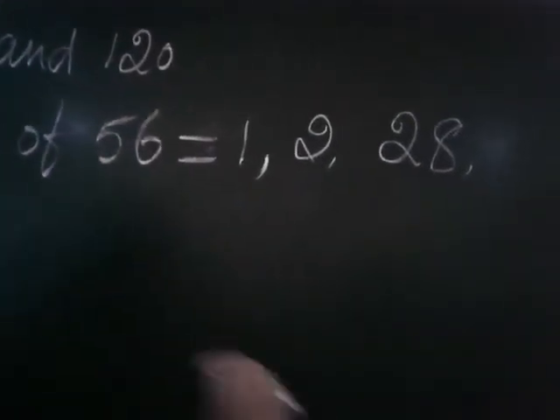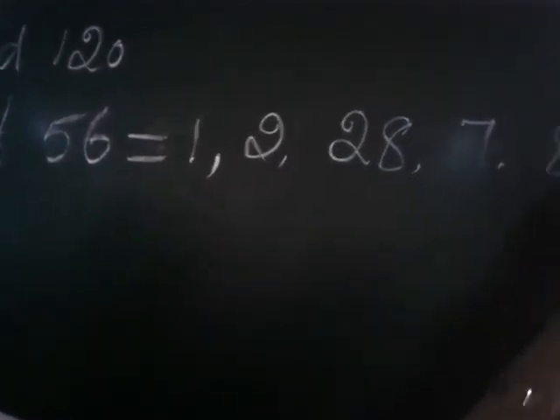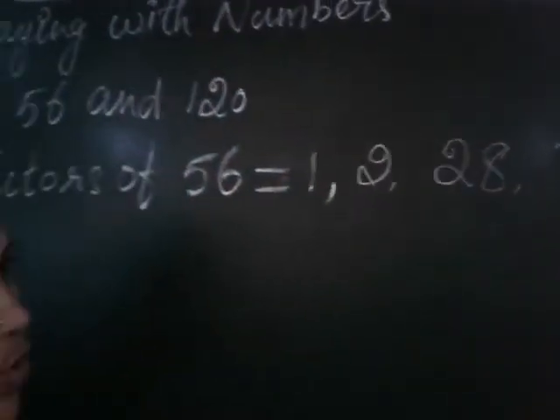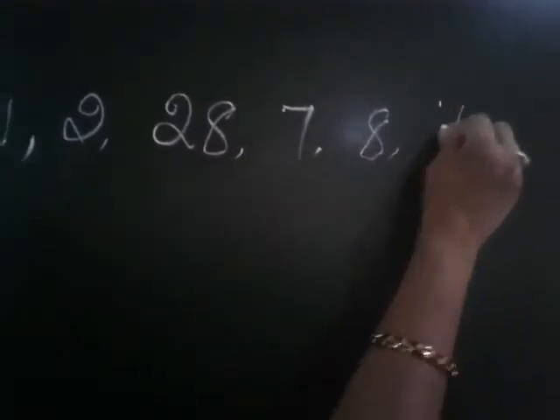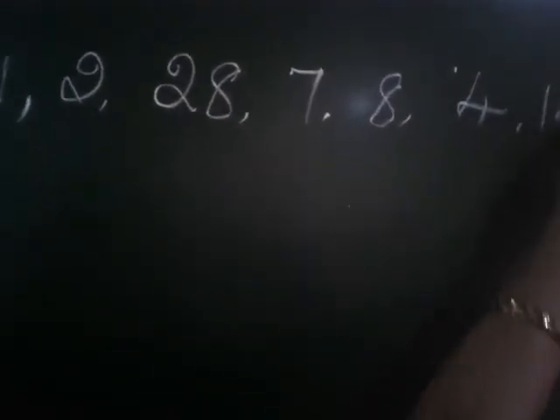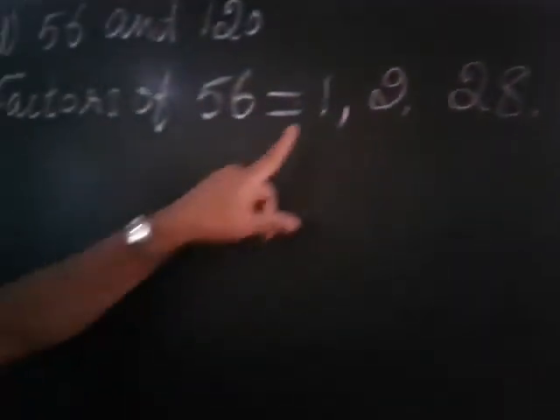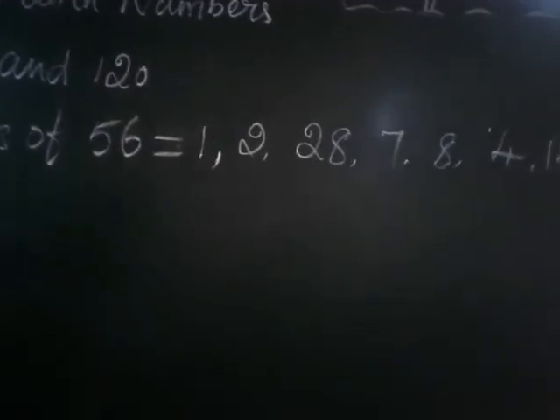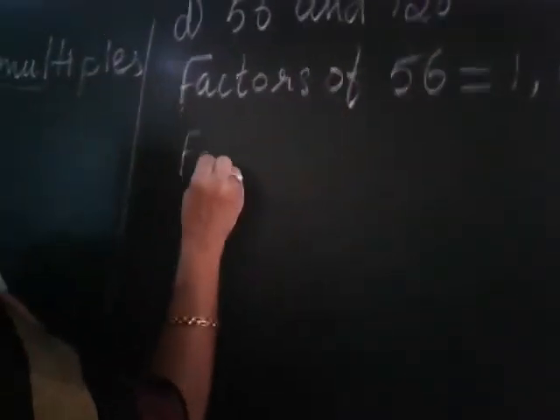The next, what will come? 7 8s are 56. The next, 14 4s are 56, I think. 4 10s are 40, 4 4s are 16, so 4 14s are 56. 4 will go in the 14 table. Then 56 itself. That's all, children. 1 56, 2 28s, 7 8s, 4 14s. Okay.